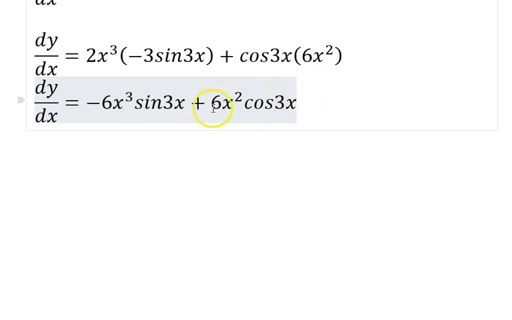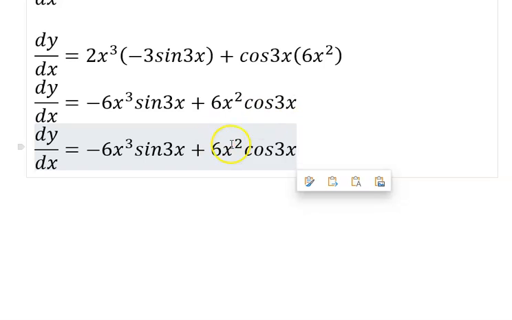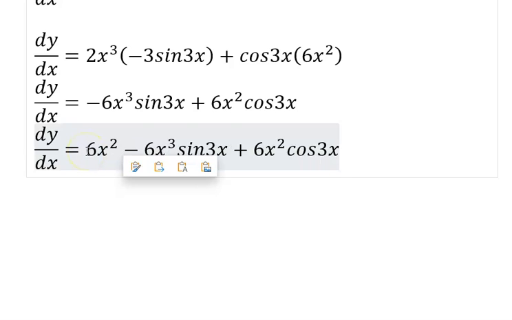So you can leave your answer like this, or if you look at it, maybe something is common. Okay, 6x squared is common on both sides, so you can bring it out and open up the bracket.